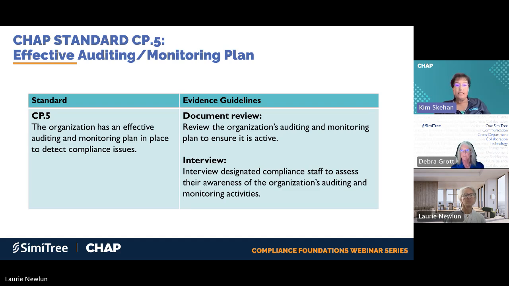And again, we will review your policies and your processes through document review, the policy, what the program looks like, the plan, as well as interviewing designated compliance and agency staff regarding your auditing and monitoring activities, and also looking at the evidence of the auditing and monitoring and how they correlate with your prioritized risks, as well as your response to the findings.